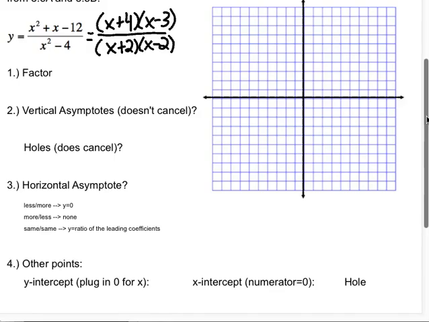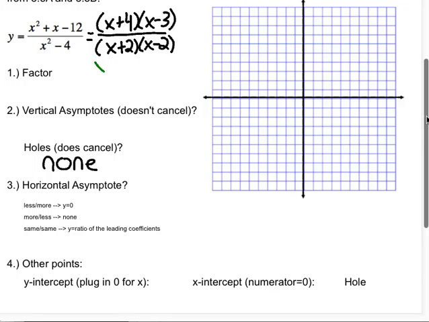Now if you notice, in this case, there's actually nothing that cancels. That's kind of a unique situation where with nothing canceling, that means there are no holes. So, in this case, we're not going to get a hole, but we do get 2 vertical asymptotes.